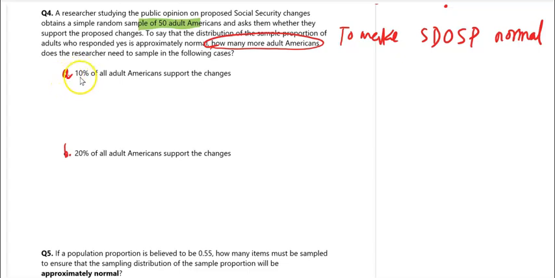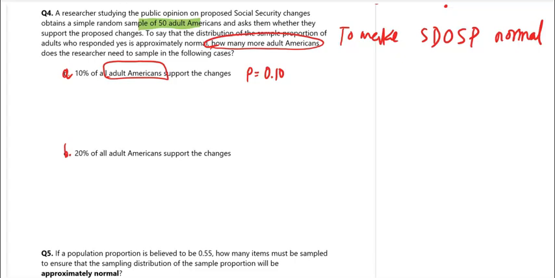In part A, 10% of all adult Americans support the changes. Here 10% represents p, because this is the percentage of all adult Americans. So p equals 0.10. We use this population proportion to find the sample size needed to make the sampling distribution of sample proportion normal.